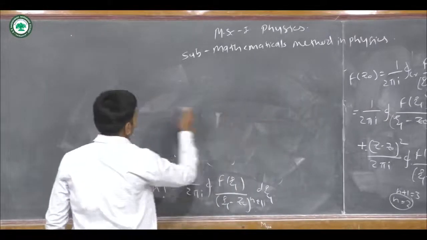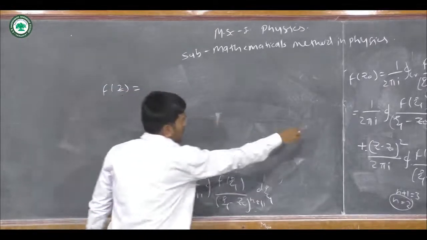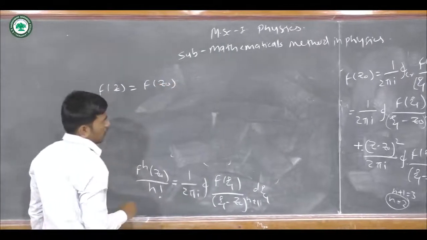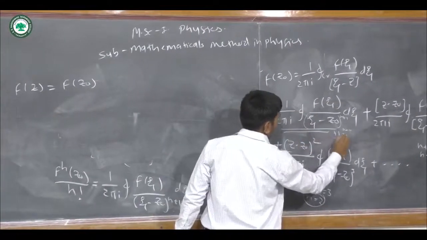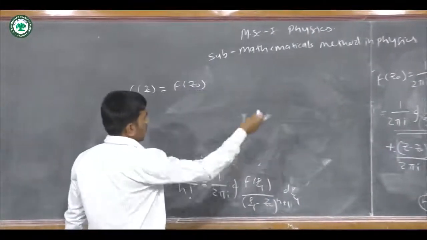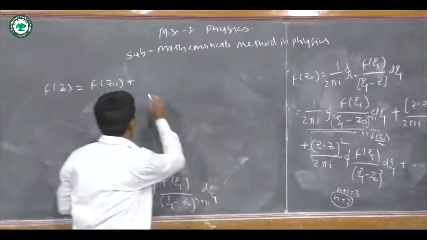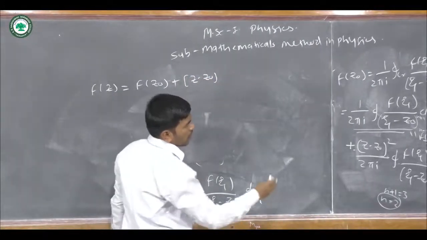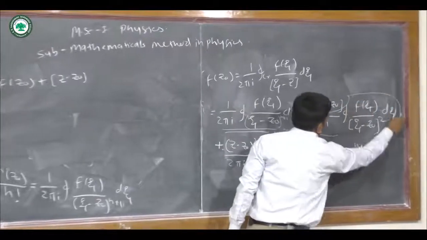Now, so f of z is equal to, for the first term, f of z naught, this expression for f of z naught. And for the second term, this thing is common, that is z minus z naught, and the other remaining terms, these ones.